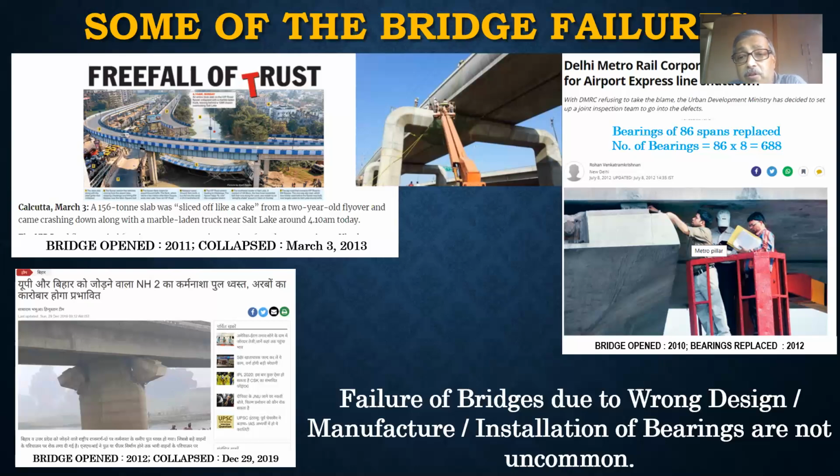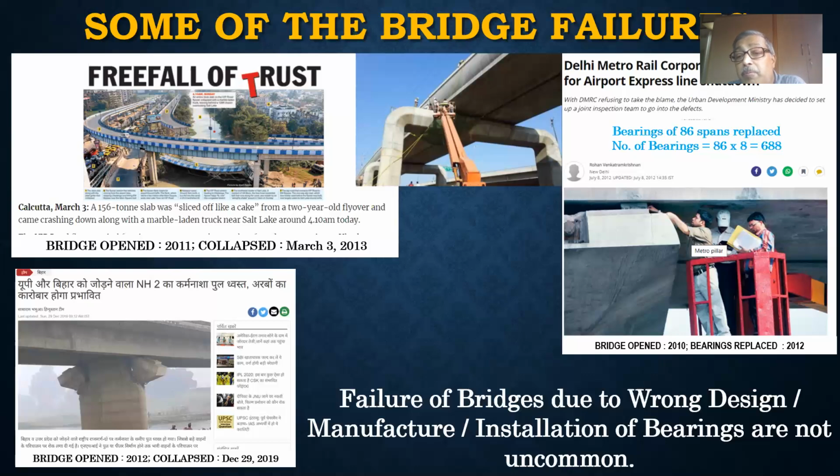What you see on the top right is the famous airport express line in Delhi, where some 688 bearings had to be replaced, for 86 spans, all elastomeric bearings.